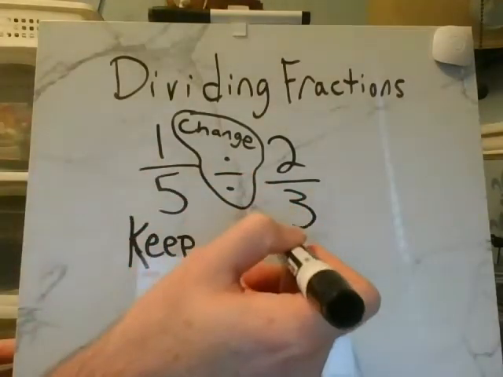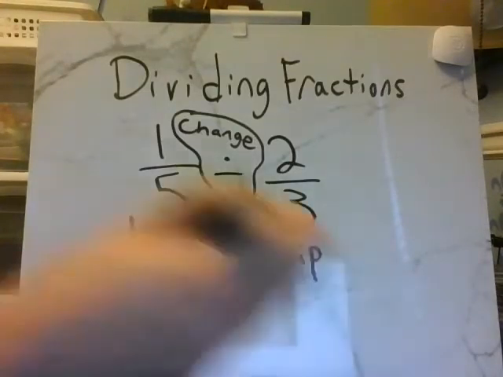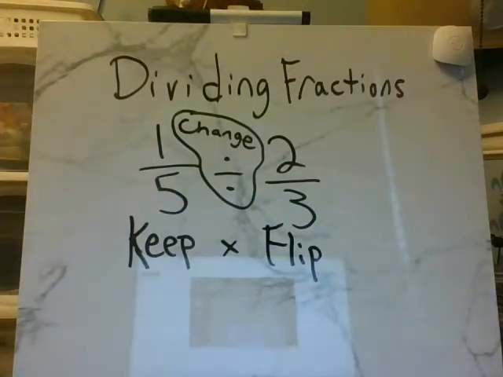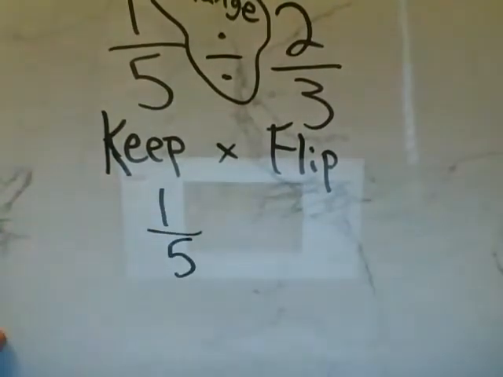And then we're going to flip the last fraction to its reciprocal. Now the reciprocal is just where you take the numerator and put it in the denominator spot, and the denominator and put it in the numerator spot. So when I do all this, the new fraction will look like this. Keep, change, flip.